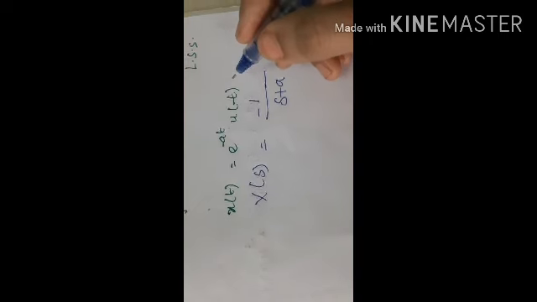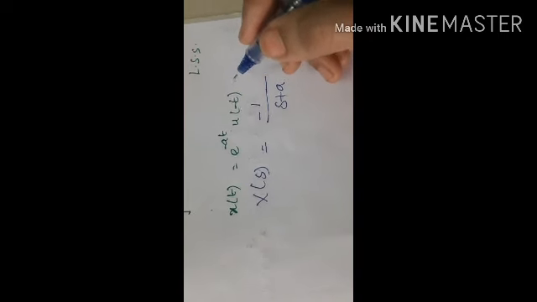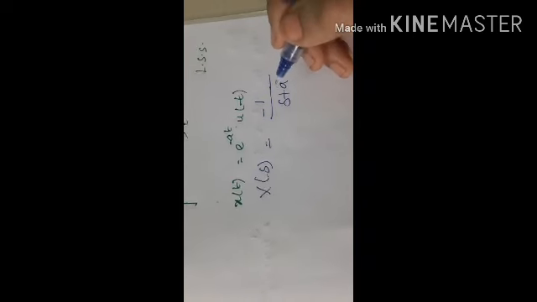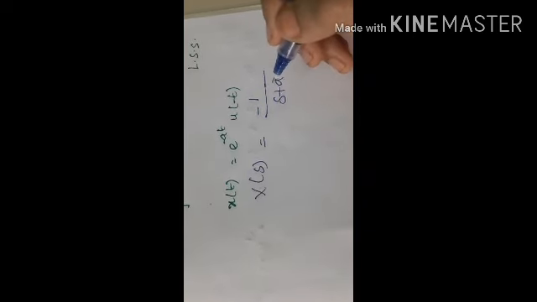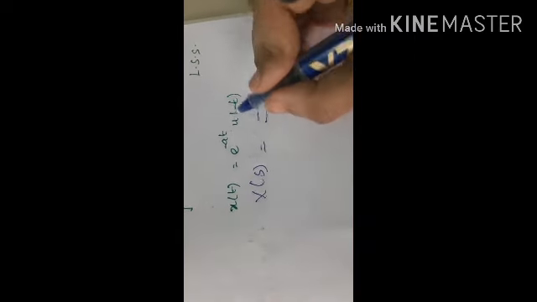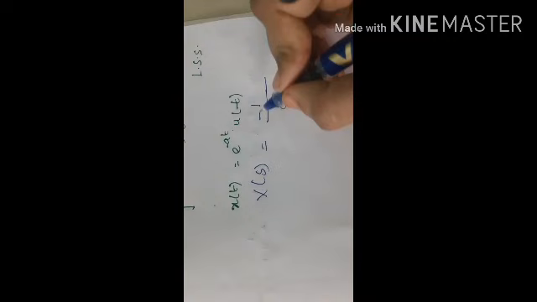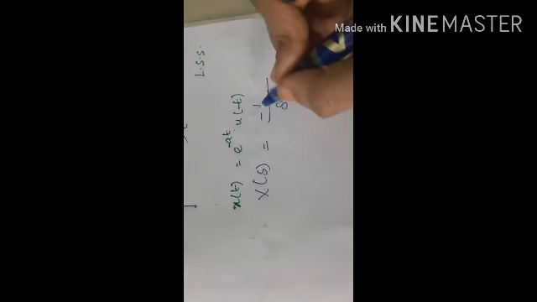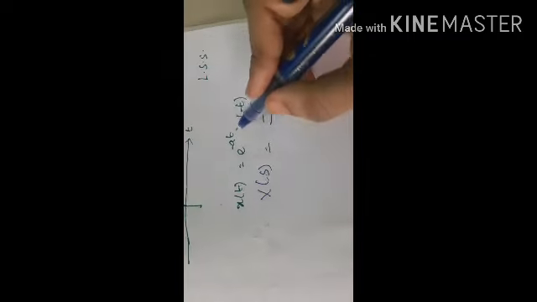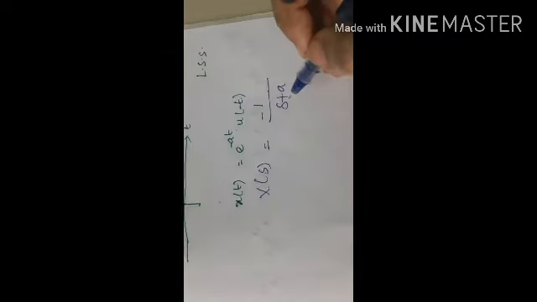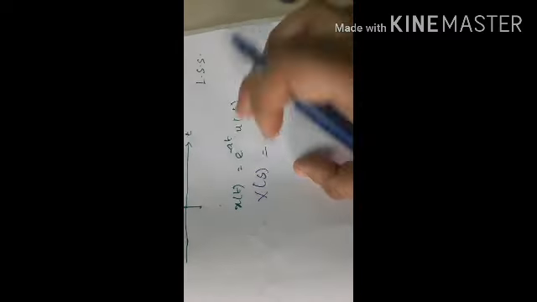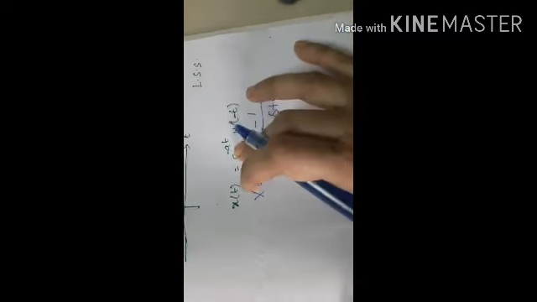If you remember these points, they will be helpful for solving this kind of problem in your competitive exams. So please listen to this point carefully. It will be very, very useful for solving problems at exam time. u of minus t in the sense, minus will come, so negative 1 by s. For this minus at, I just substituted s plus a. So this is the Laplace transform of the given function in the time domain.